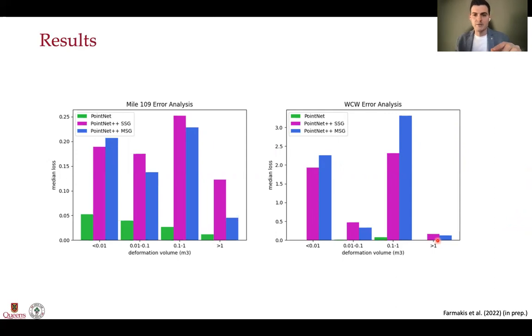This is very clearly demonstrated in the Milo 109 case, while on the White Canyon West case, we still see very low error and very low loss in all the classes for PointNet++, where we also expect it to be easier to discern the change shapes that this site forms. And we observe that the PointNet++ confidence is very low. The loss is very high for almost all the bins. And the most important is that the loss remains high even for high volume classes.